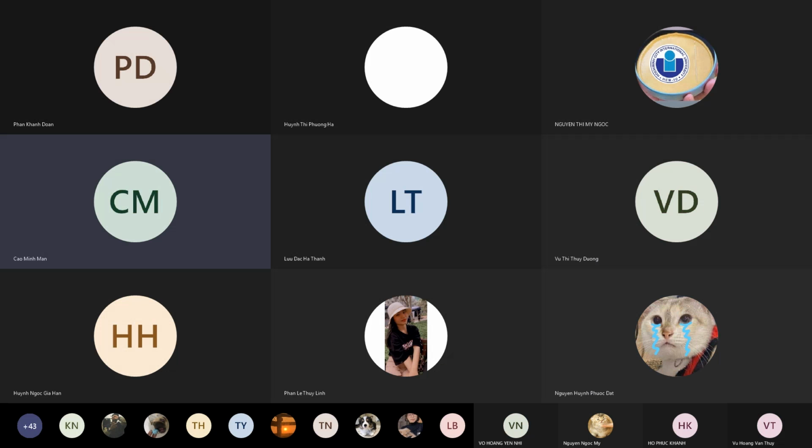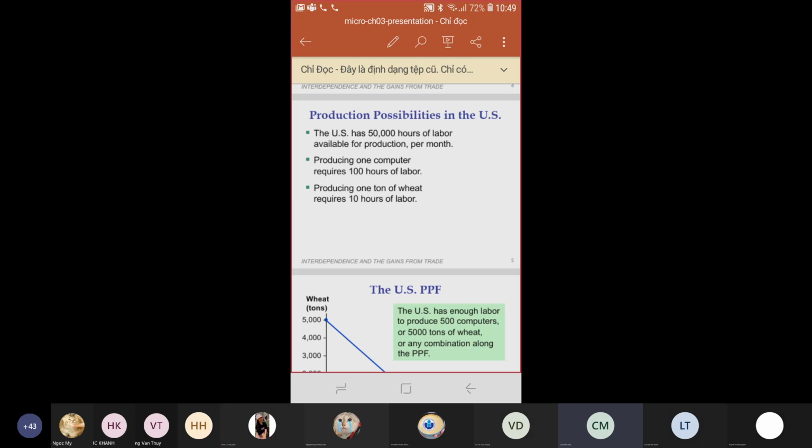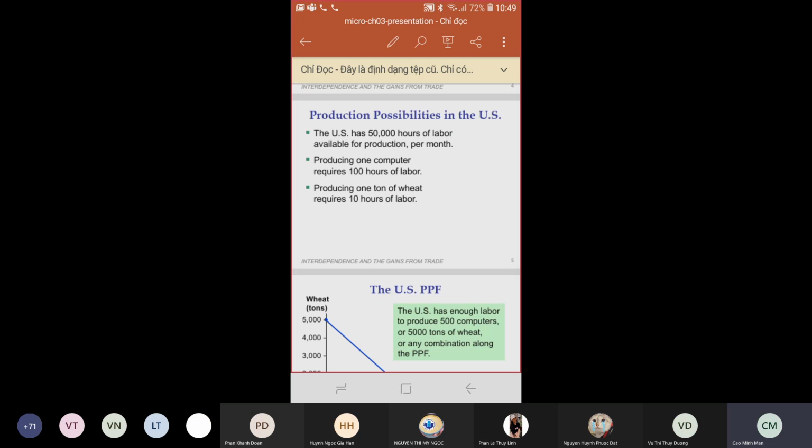You have to remember information of this assembly. Okay, the US. You see the 50,000 labor hours. The US spends 10 hours to produce a ton of wheat.